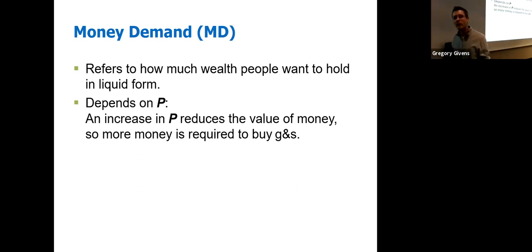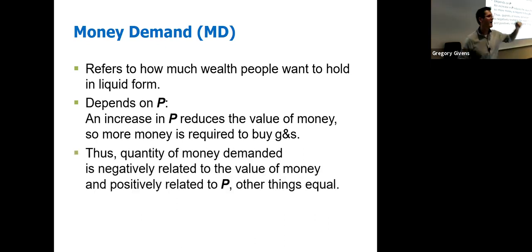What we actually care about in the economy is consuming real goods and services. So as the price level rises, we're going to need more money to access that same amount of real goods and services. And so the quantity of money demanded should actually go up as the price level rises. In other words, as prices go up and therefore the value of our money declines, the quantity of money demanded should go up, other things being equal.